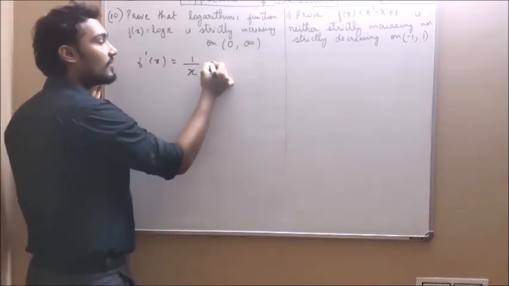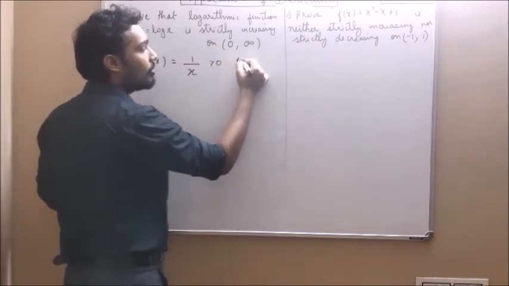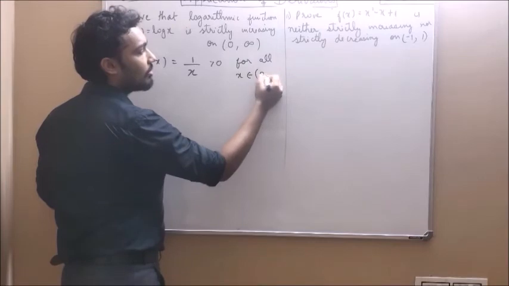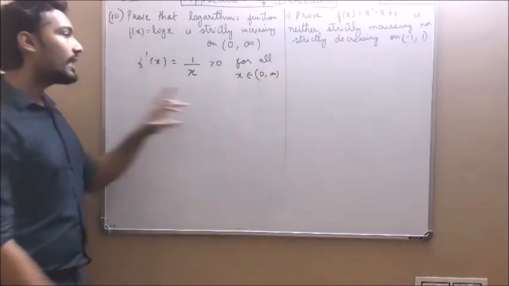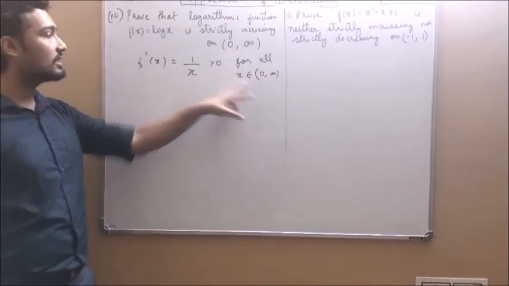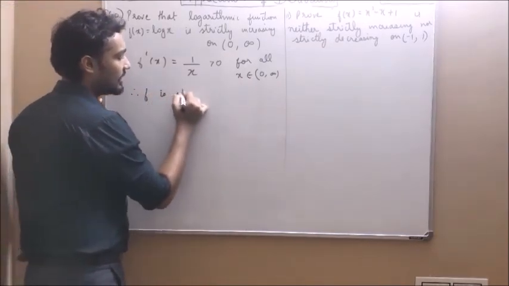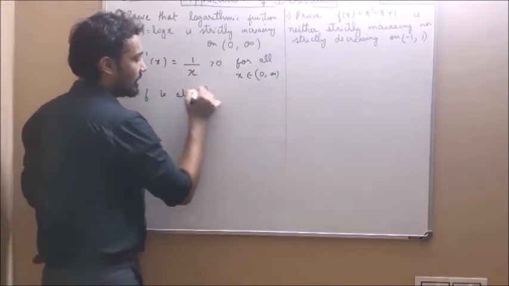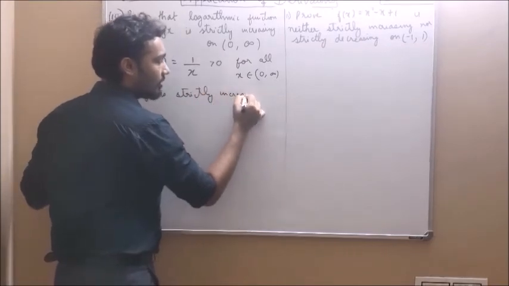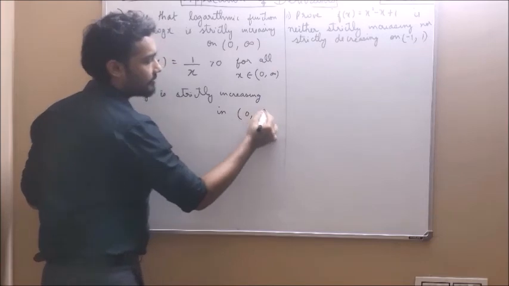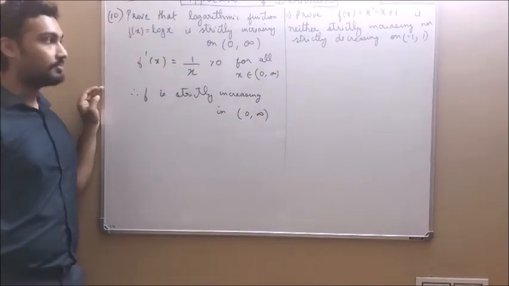So f dash of x is greater than 0 for all x belonging to this interval 0 to infinity. Therefore f is strictly increasing in the interval 0 to infinity. So this is the answer.